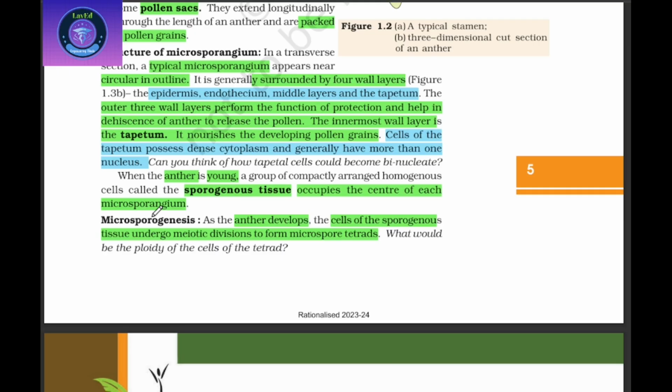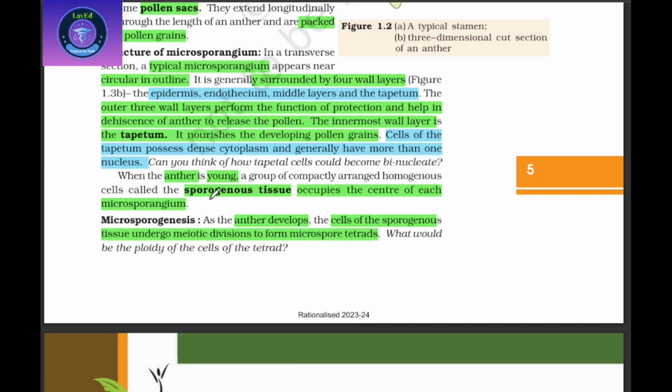They are just trying to confuse by giving other names. There is no actual difference; both terms are the same. Then we'll go to this point, microsporogenesis.